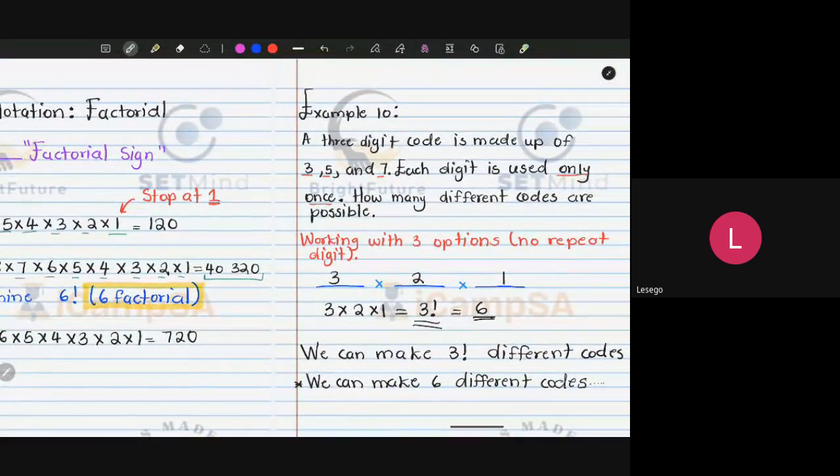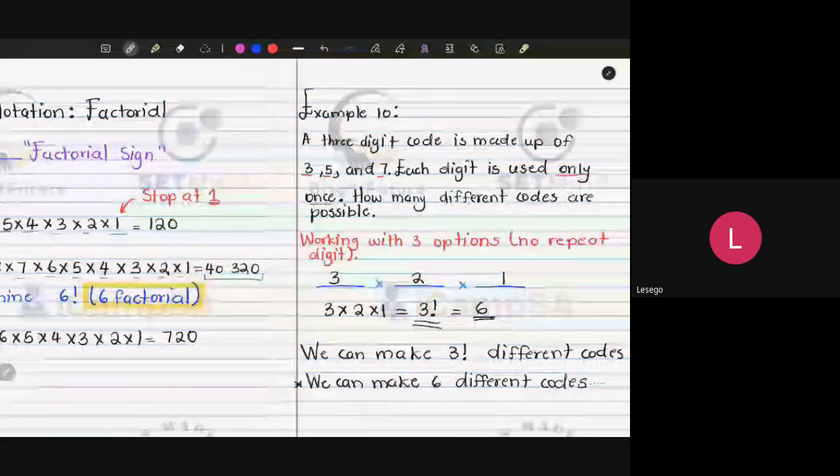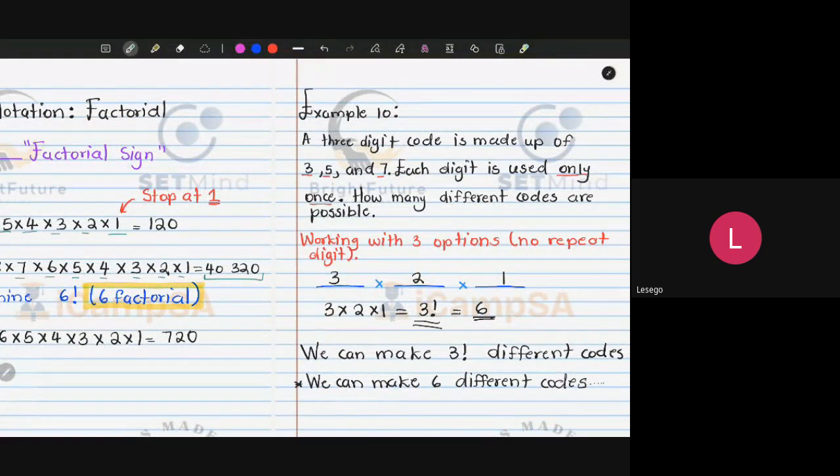But let's have a look at example number 10, which is that a 3-digit code is made up of 3, 5, and 7. And they say each digit is used only once. How many different codes are possible? This question is very easy, because they said only once. So the first number of our code, we are going to choose from 3 numbers.